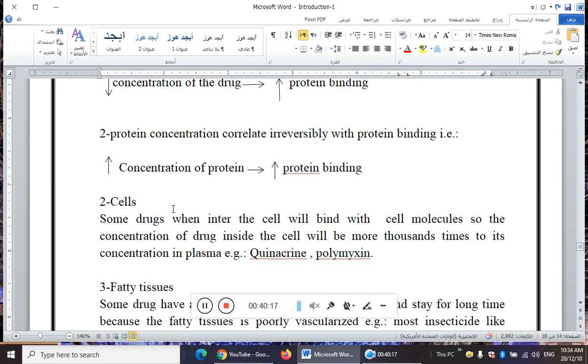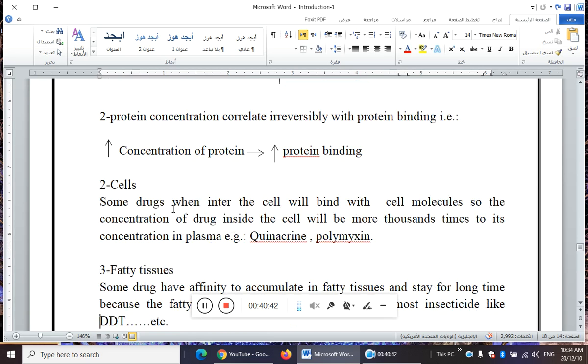Quinacrine is a drug used in treatment of malaria, and polymyxin is an antibiotic. These drugs, when they enter the cells, bind to the molecules found inside the cell. So they will be concentrated inside this cell thousands of times more than their concentration in the plasma.